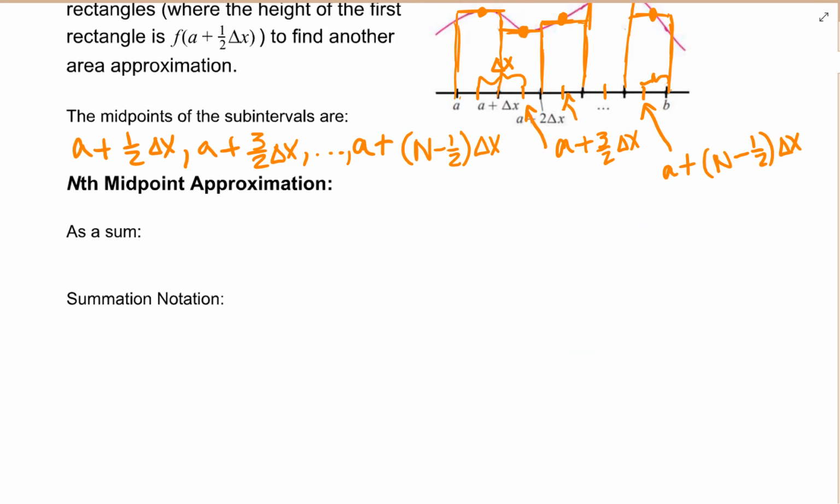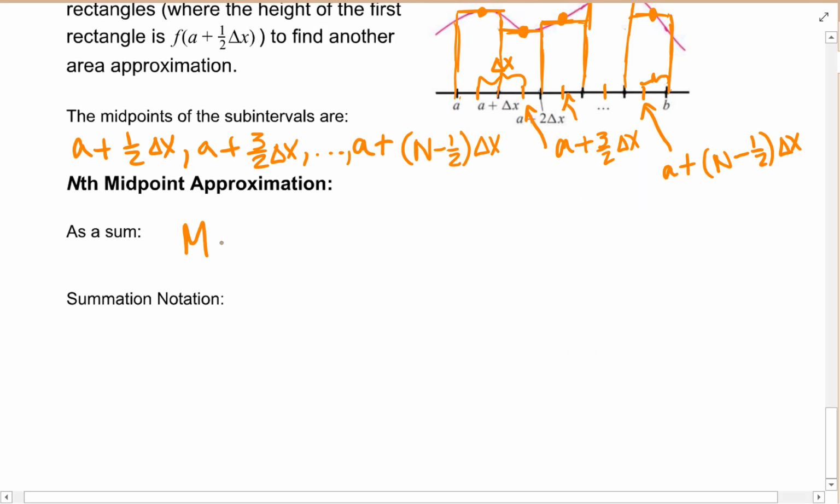As a sum, the nth midpoint approximation we call M sub n, and that is equal to delta x, the width of each rectangle, times the height of each rectangle, which is the y value of each of our midpoints of the subintervals.